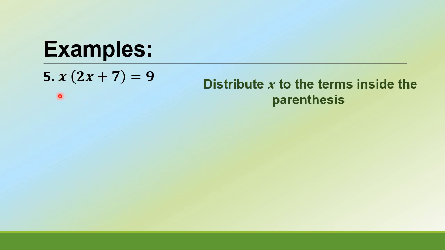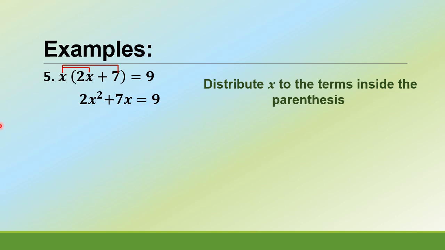Okay? So, magiging x times 2x, x times 7. Okay? So, if we multiply it, so x times 2x magiging 2x squared, x times positive 7, so magiging plus 7x, and then bring down positive 9, is equal to positive 9.